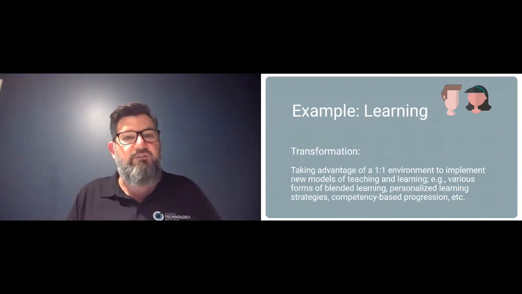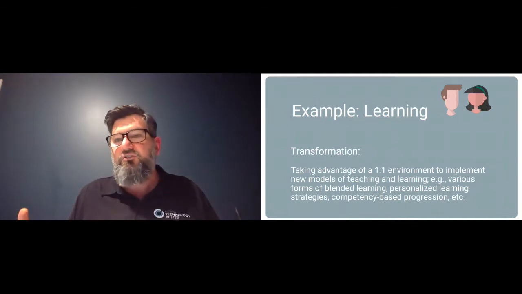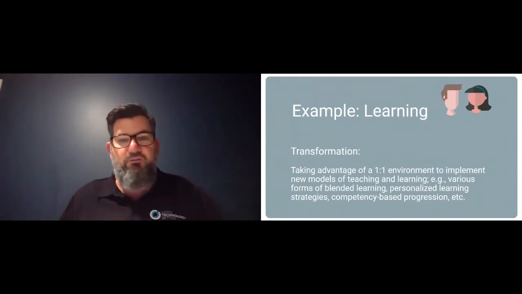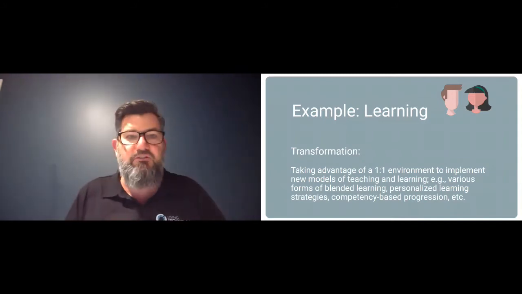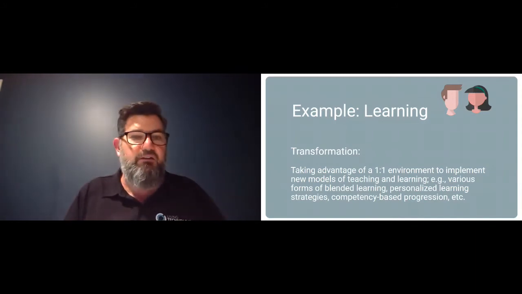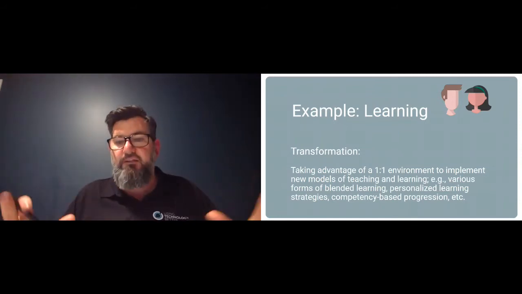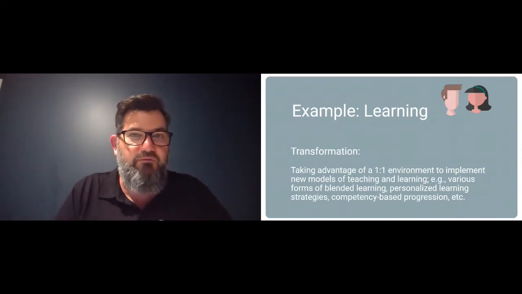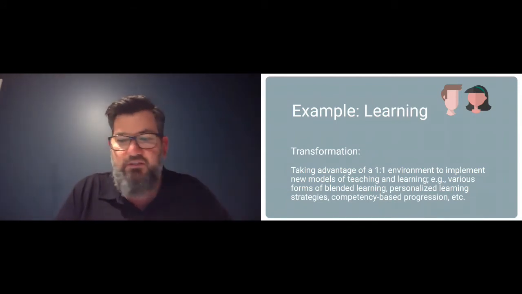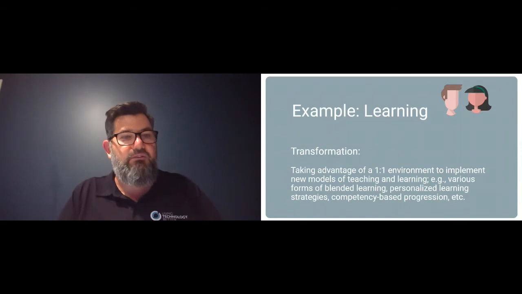Maybe now that we've got technology, we could have students crisscrossing the school to go to different coaches to learn from different teachers who are strong in different areas. So what could we do to transform that? And again, you don't have to go and change everything. You maybe just want to try with one class or 4 students in a class and just try to test a model and see how that looks.